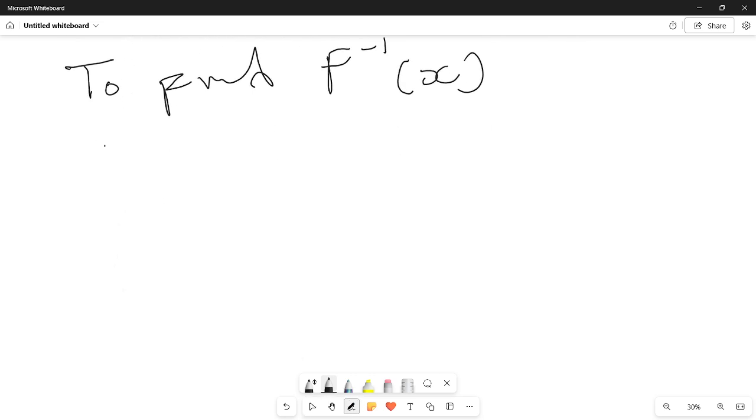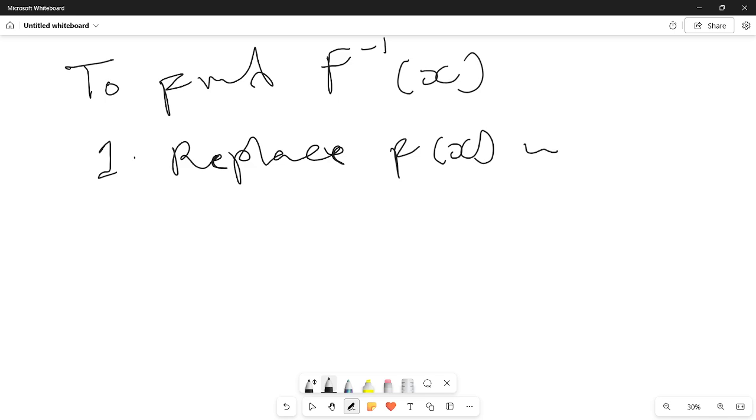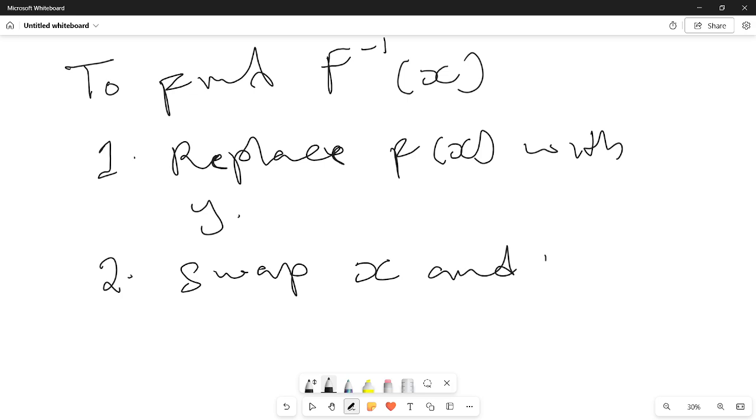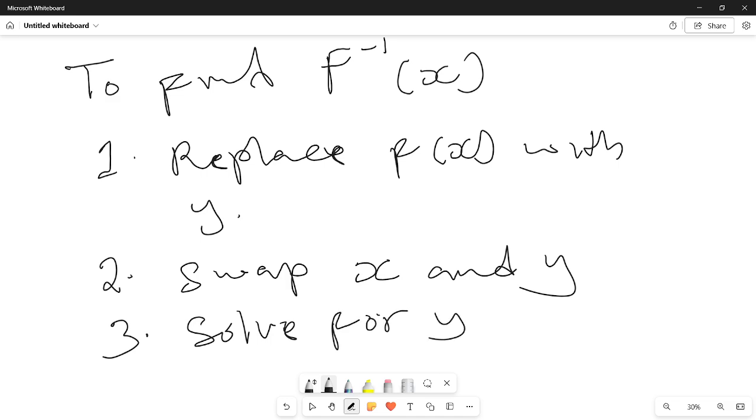Step number 1, replace f of x with y. 2, swap x and y. 3, solve for y.